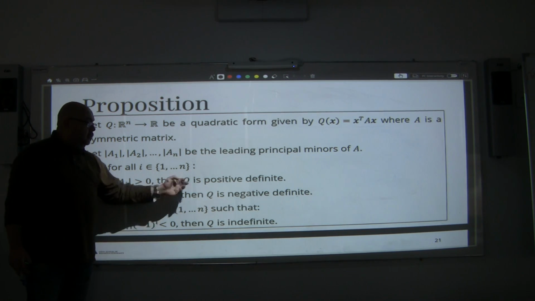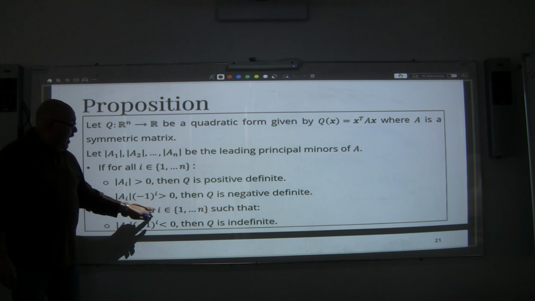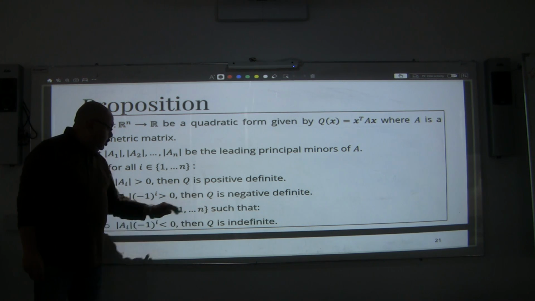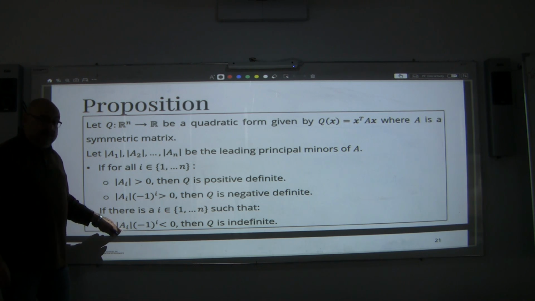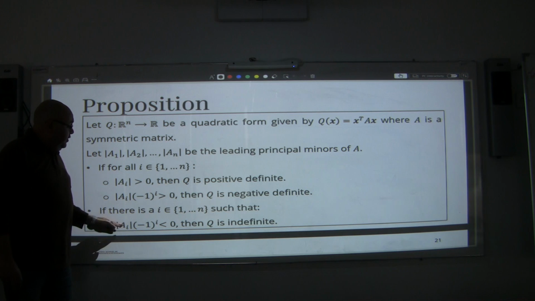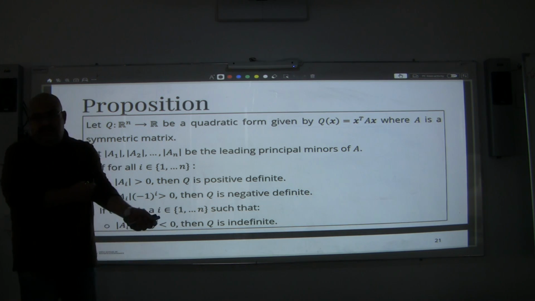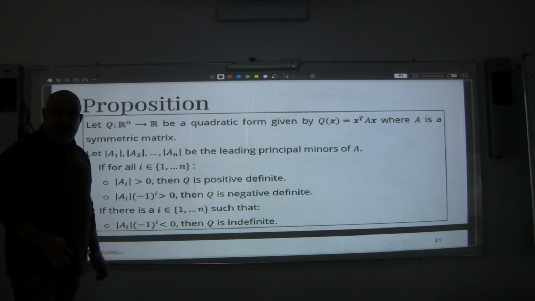In such a case, you will have negative definite. If there is an I such that this condition is broken, the order or the values are not matching, then you will have an indefinite quadratic form.